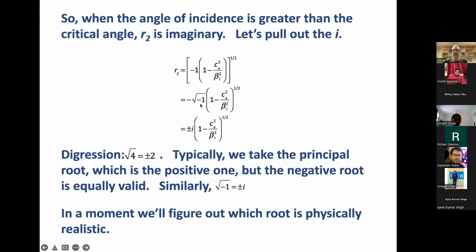And the square root of -1 is plus or minus i. Typically we say the square root of -1 is i, but also minus i is an equally valid root. So we have r sub 2 equals plus or minus i times the square root of 1 minus c sub x squared over beta sub 2 squared.